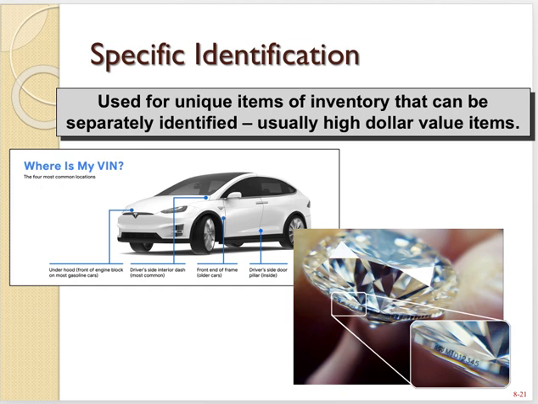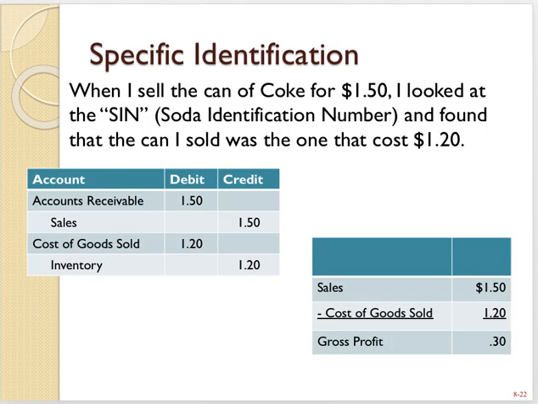So now let's see what this actually looks like as far as a journal entry. With specific identification, we're going to say that when I sell the can of Coke for $1.50, I looked at the SIN number, or soda identification number, and found that the can I sold was the one that cost $1.20. Well, first of all, there's no such thing as a soda identification number. I always have students asking, what about the number on the barcode?